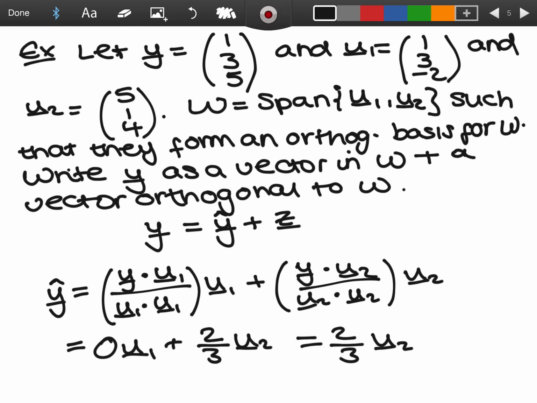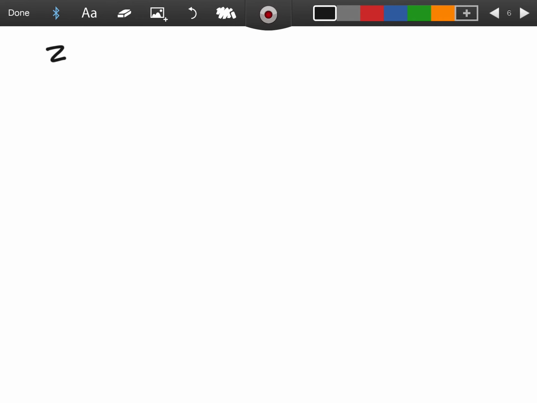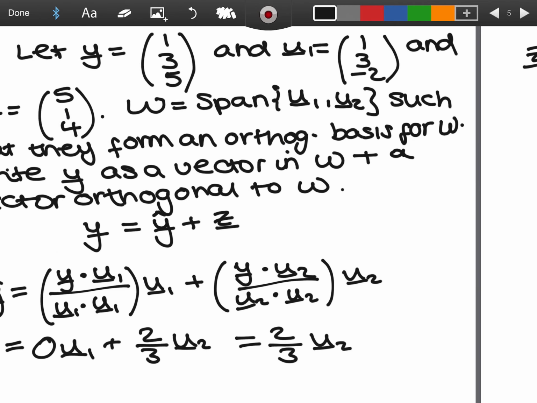So y hat actually just depends on u2. It doesn't actually have a u1 component. So you can go ahead, figure this out, and it simplifies down to 2 over 3 u2. Now, I want to find z. Now, z is going to be y minus y hat.